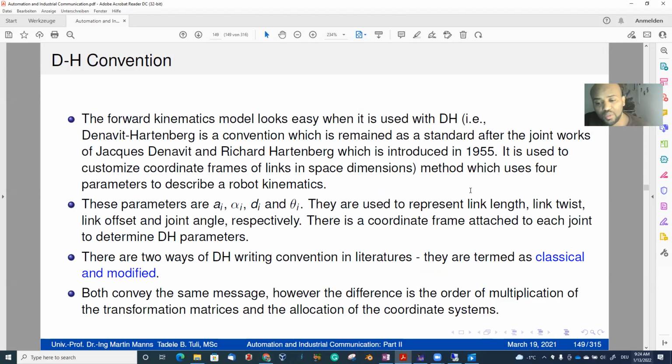They are used to represent link length, link twist, link offset, and then joint angle. a_i is link length, alpha_i is link twist, d_i is link offset, theta_i is joint angle.